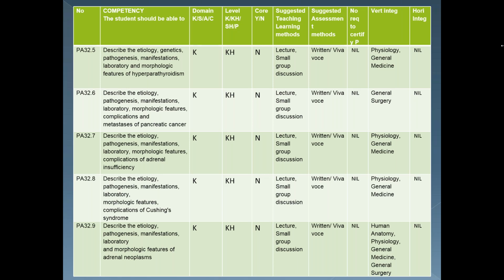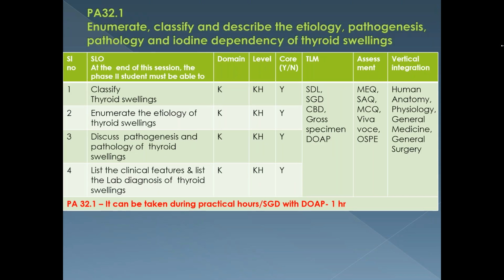Next, going on to the first one, PA 32.1: enumerate, classify, and describe the etiology, pathogenesis, pathology, and dependency of thyroid swellings.